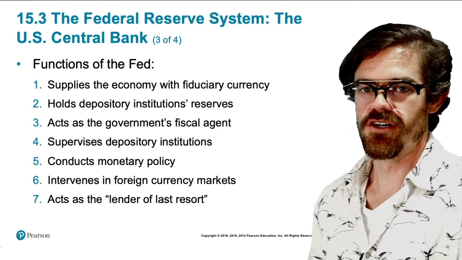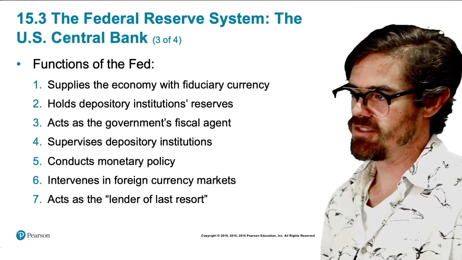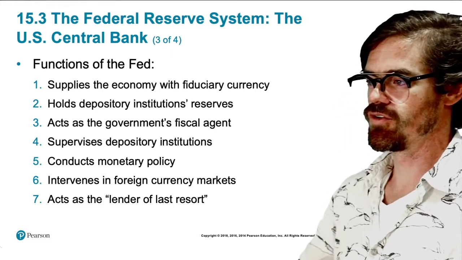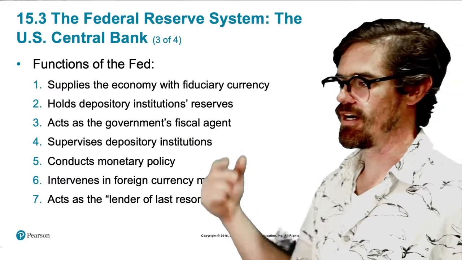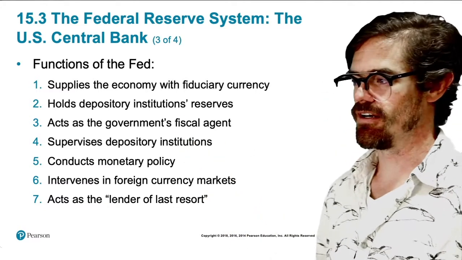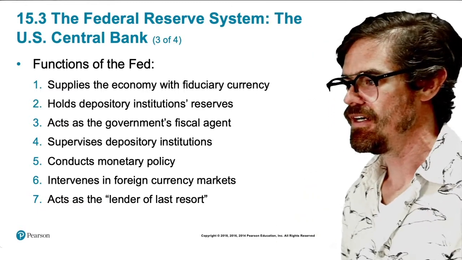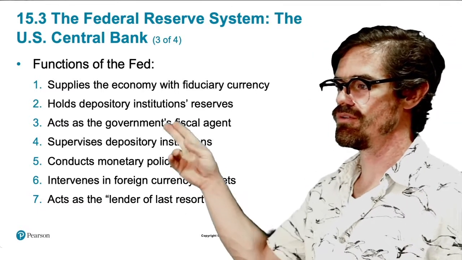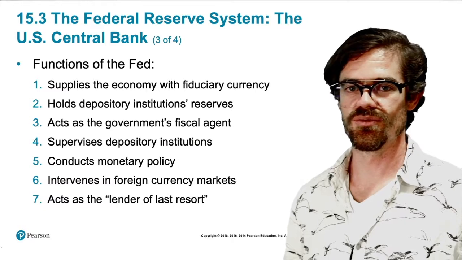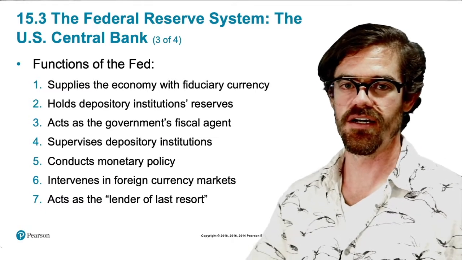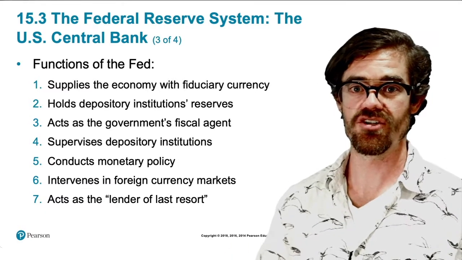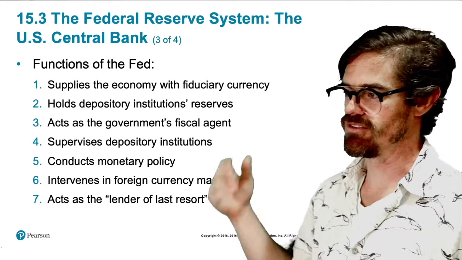All right, so what are some functions of the Fed? What are some of its purposes? Its main purpose is to supply the economy with our fiduciary currency, right? Our currency that is backed by our confidence. But it also holds depository institutions' reserves. So when Bank of America or SunTrust have extra cash, they deposit it with the Fed, right?